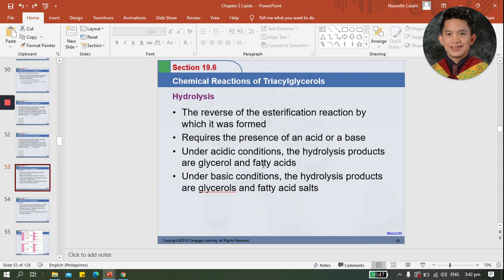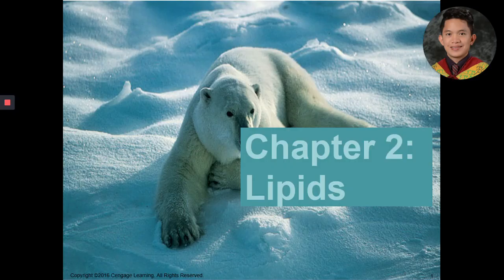Take a look at the difference between the products of hydrolysis when it uses acidic and basic solutions.